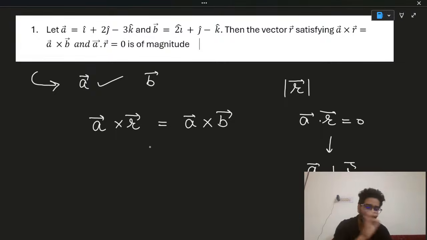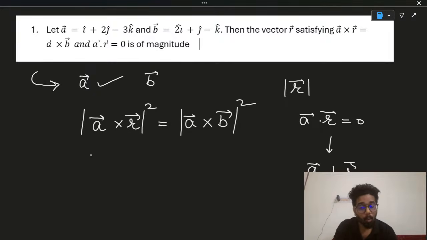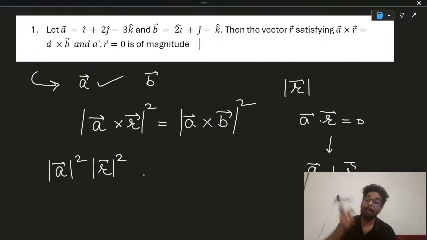So guys, I am going to apply mod sign both the sides and take a square both the sides. This was given, I have taken modulus. If 2 vectors are equal, their modulus is also equal, their magnitude is also equal, and the square of magnitude will also be equal. Now what will this be? It will be A vector magnitude square, since there is an outside square, R vector magnitude square multiplied by sine square theta.